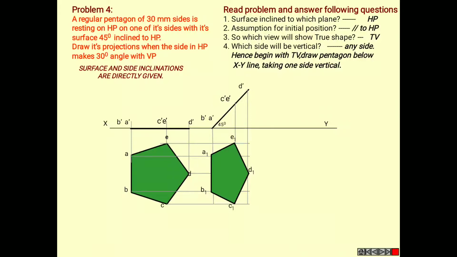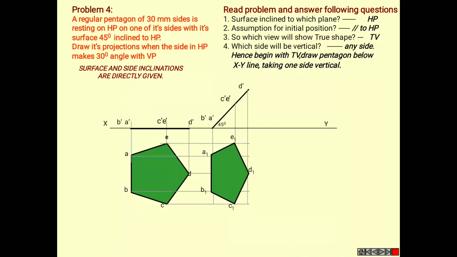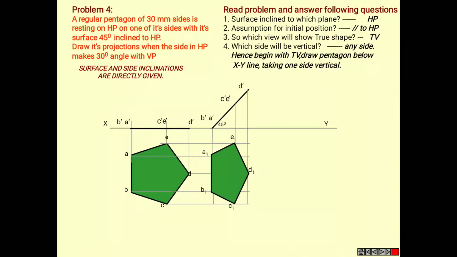So this is the turned plane of about 45 degrees. Now he is saying draw its projections when the side in HP makes 30 degrees angle with VP. So the 30 degrees angle with VP is to be taken in HP. So this is your 30 degrees.